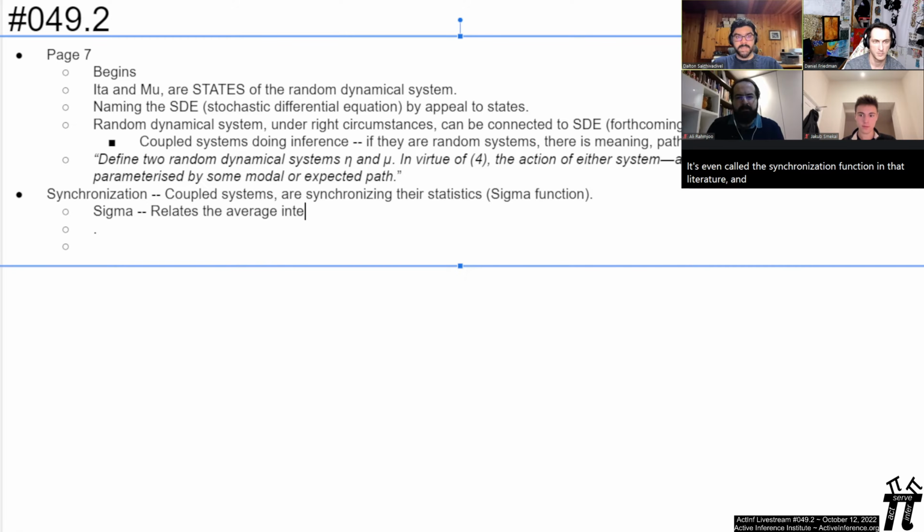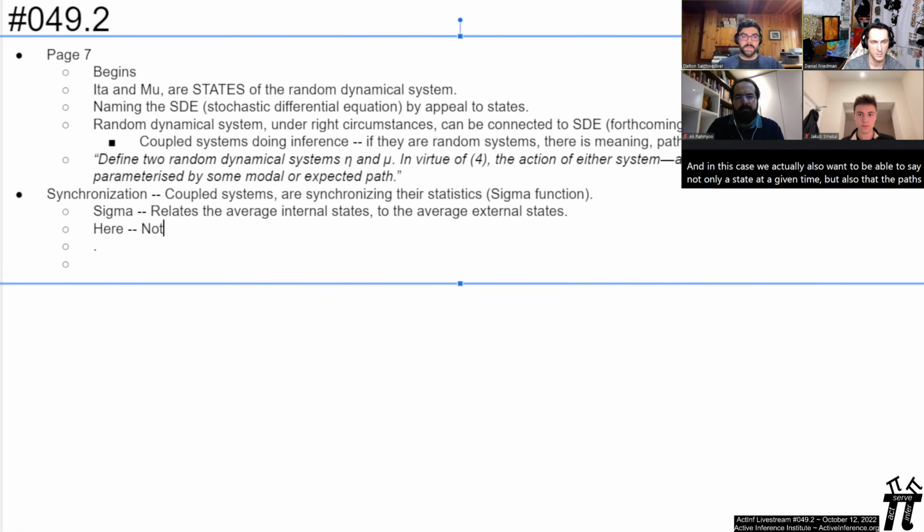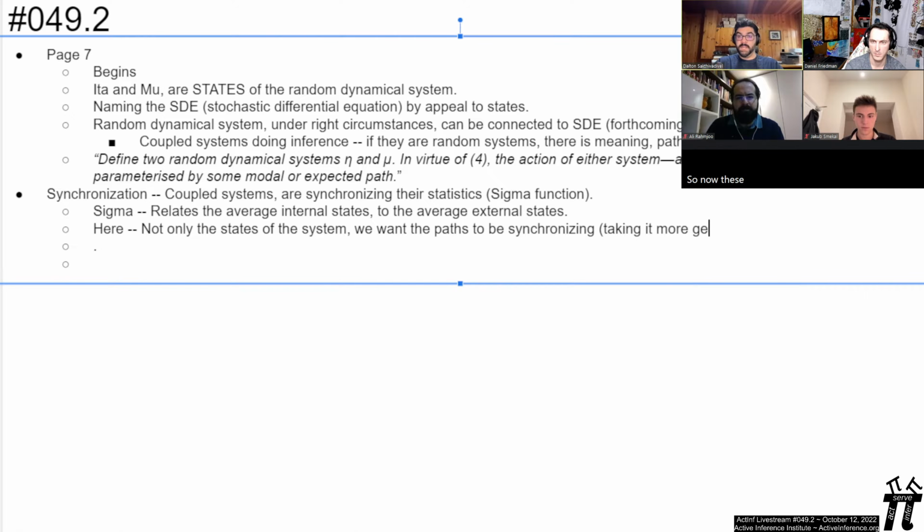And in this case, we actually also want to be able to say not only a state at a given time, but also that the paths of the system synchronize. So taking it a little bit more generally than has been written before, we now want to be able to say that the trajectories of the random dynamical systems synchronize.